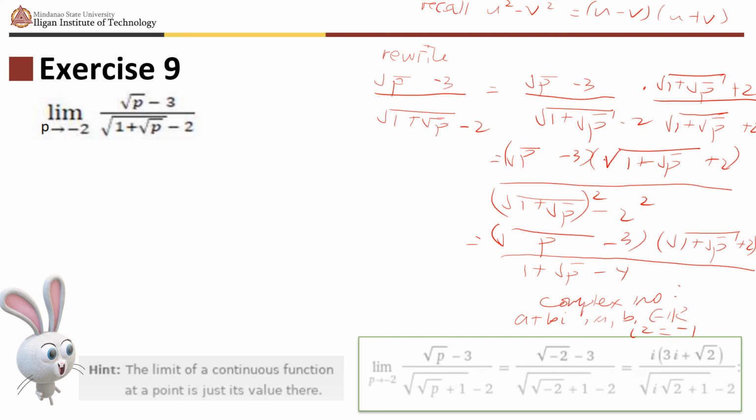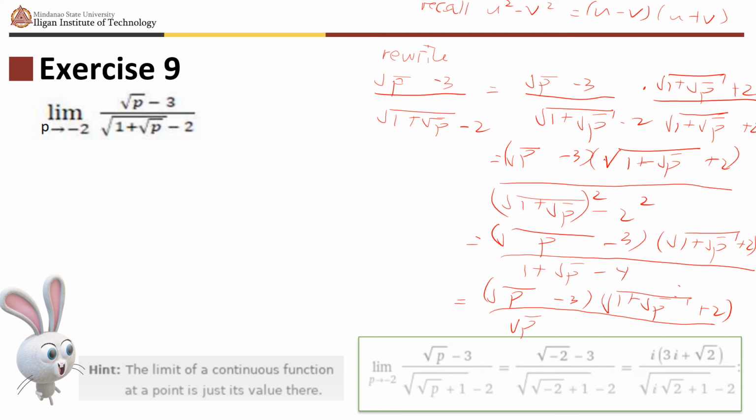So this now, let me erase this one again here so that we can continue. So this is the same as the square root of p minus 3 times the square root of 1 plus square root of p plus 2 all over, this is square root of p, then minus 4, right?